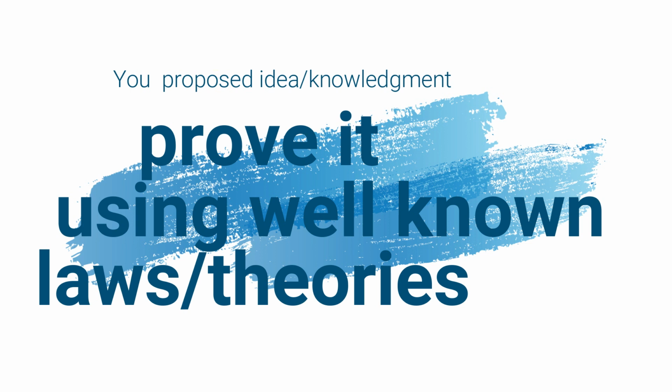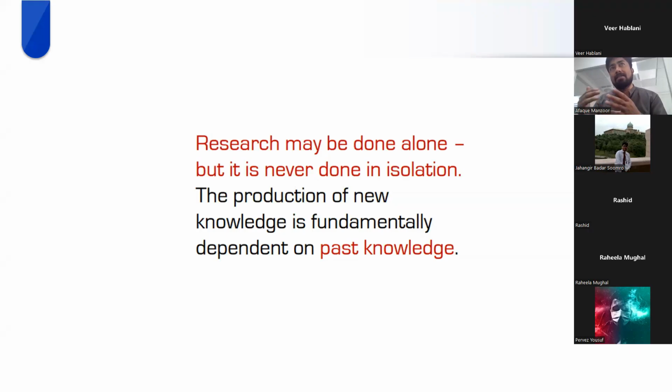If somebody claims they have invented something new, they have to bring a set of proofs, a set of equations, and a scientific process which proves that previously this work was already done and now we have used the same work and introduced a new change in that. So you cannot do work in isolation.